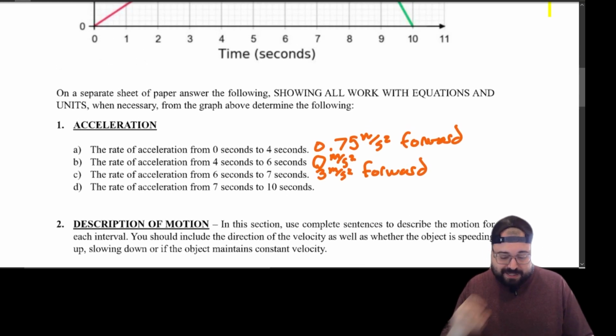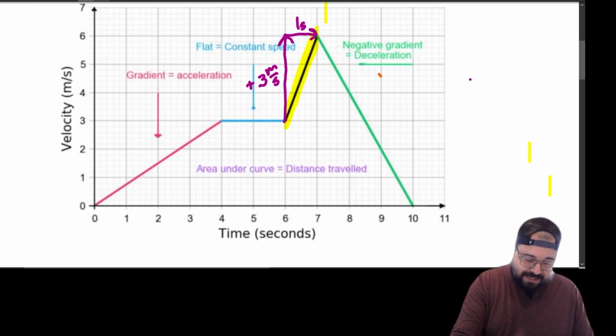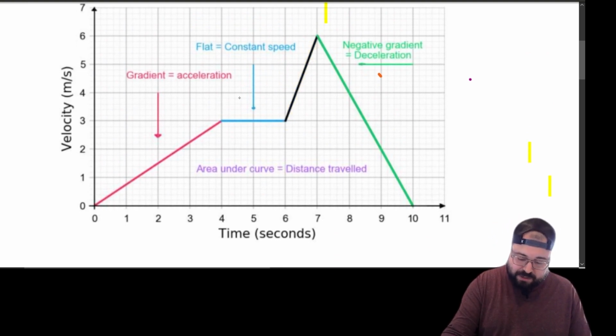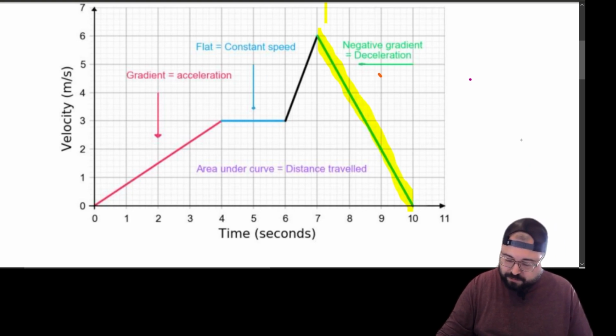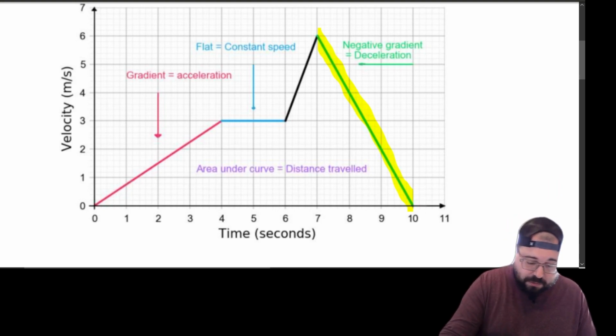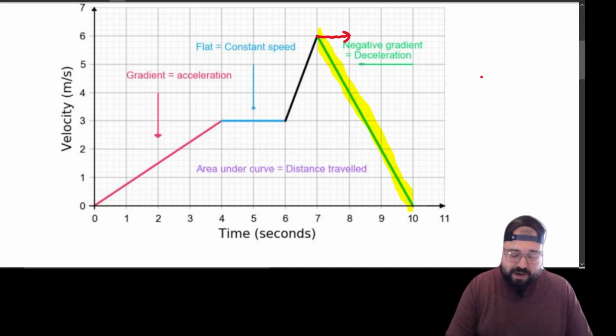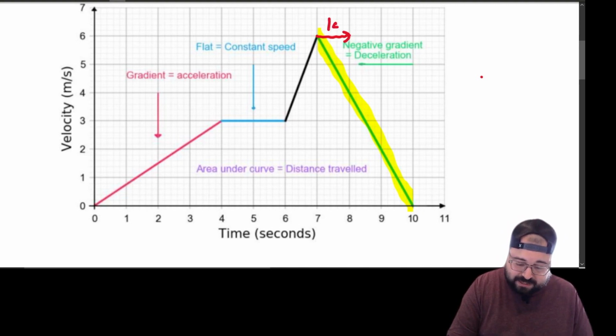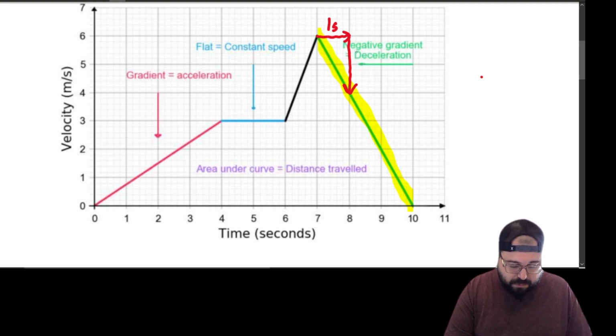And then our acceleration from 7 to 10 seconds, which is this last part here, we're going to do the same thing. 7 to 10 seconds going down. Now we've got to find the slope here, and we can do that anywhere along the line, right? As long as we see the slope is constant, we can do it anywhere. So now I'll do it from that point to that point. So we have 2 meters per second.